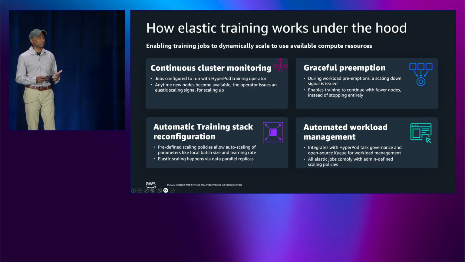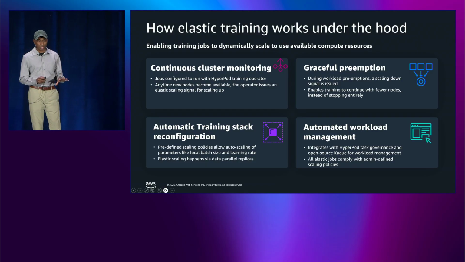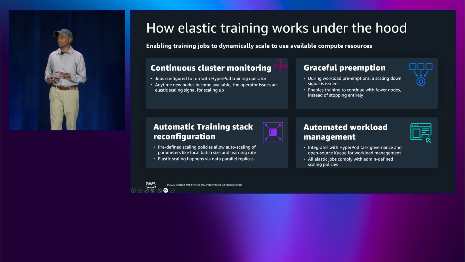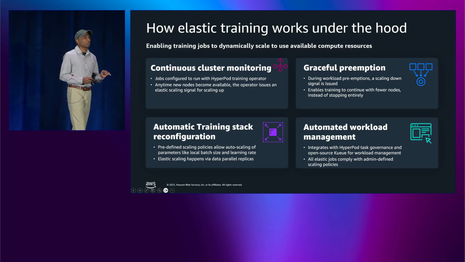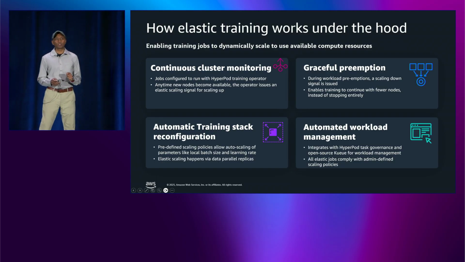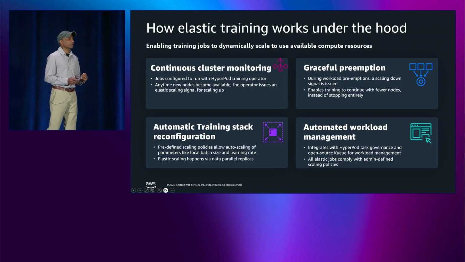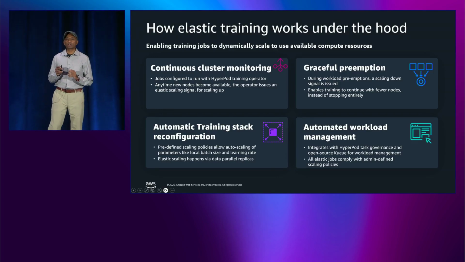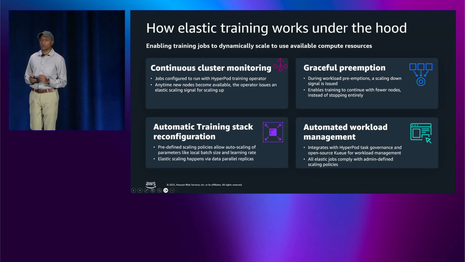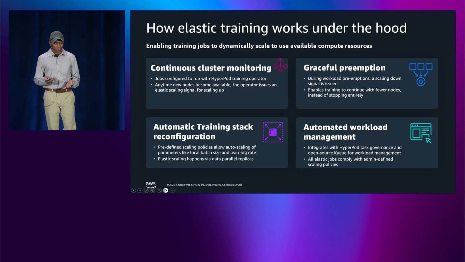Your administrator can continue to set the policies on limits and quota on the workloads and teams and projects involved in your cluster, and the Elastic training still respects those policies so that your cluster utilization can be maintained high. The key thing to note here is that all of this is happening automatically. Your data scientists can focus on model building and not have to worry about infrastructure stuff.